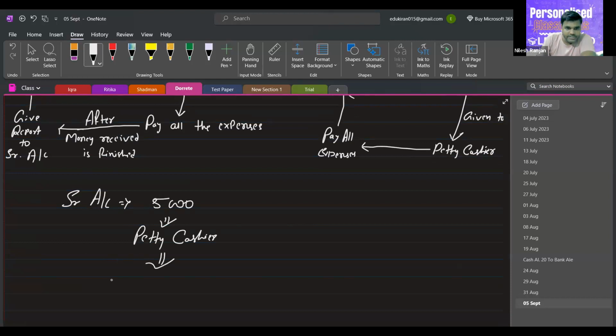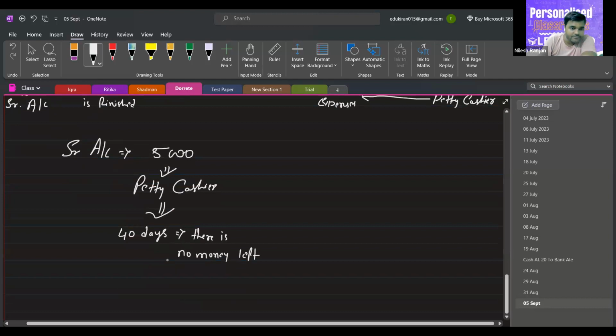So he pays all the expenses, and after some time, let's say 40 days, there is no money left, which means all the expenses are paid and there is no money left.